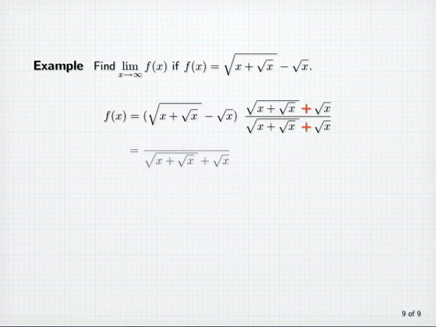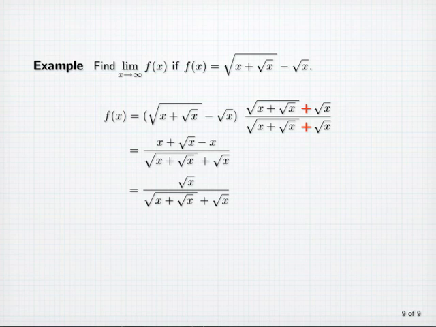This lets us rewrite the function with a denominator of the square root of (x plus the square root of (x plus the square root of x)) plus the square root of x, and with a numerator that's equal to x plus the square root of (x plus the square root of x) minus x.